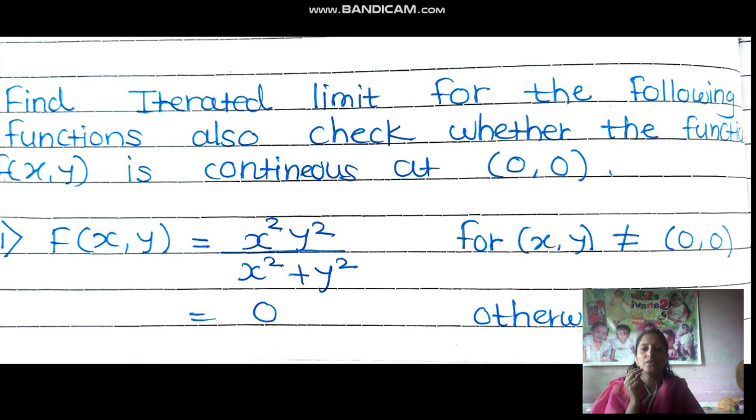That is, we have to not only calculate the iterated limit, but also check whether the function f of xy is continuous at the point (0, 0) or not. Our first example is f of xy equals x squared y squared upon x squared plus y squared, where xy is not equal to (0, 0), and f of xy is equal to 0 whenever xy is equal to (0, 0).